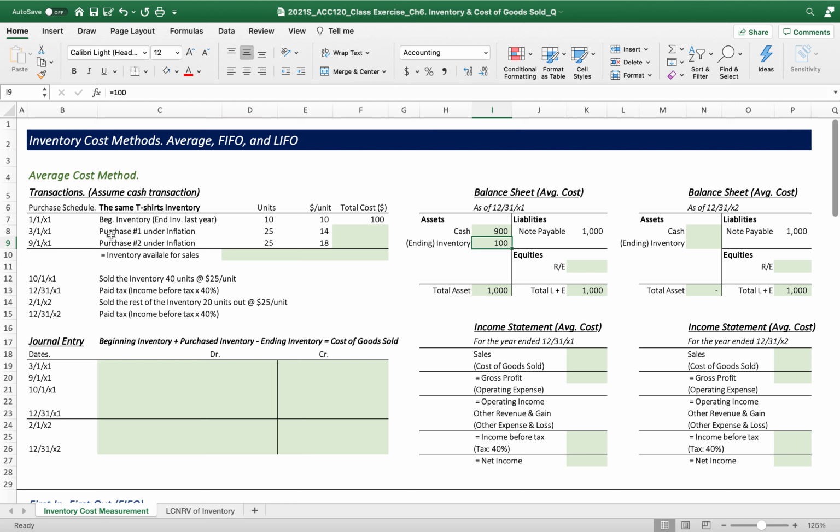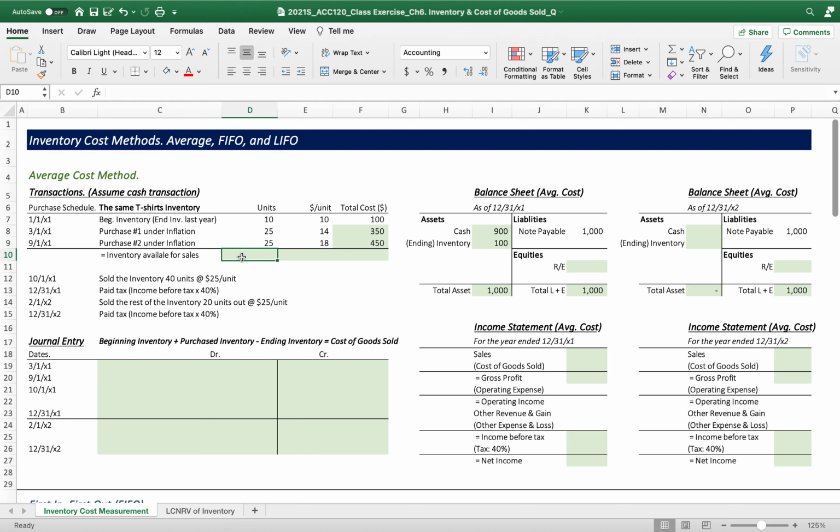Then we purchased 25 more units at $14. So what is the total cost? The total cost is $350. And then on September 1st, we purchased 25 more units at $18 under inflation, so $450 is the inventory cost.